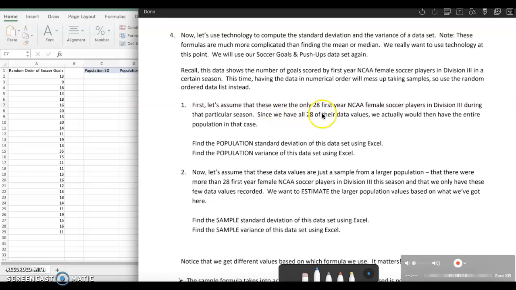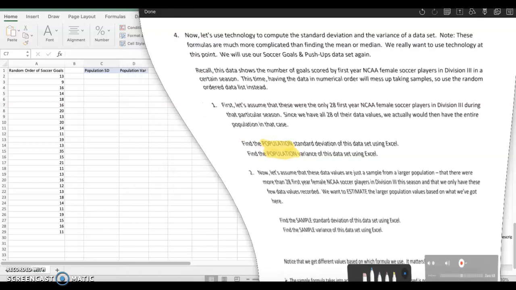So first, we're going to assume these were the only 28 first-year NCAA female soccer players in Division III during this particular season. So if we have all 28 of their data values, then we actually have the entire population. So we are going to find the population standard deviation and the population variance for this first go around. Okay, so I'm going to minimize this so that we can do that.